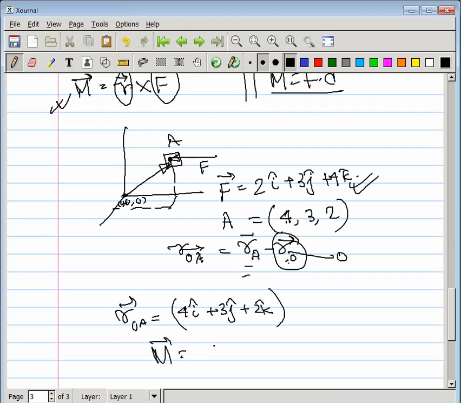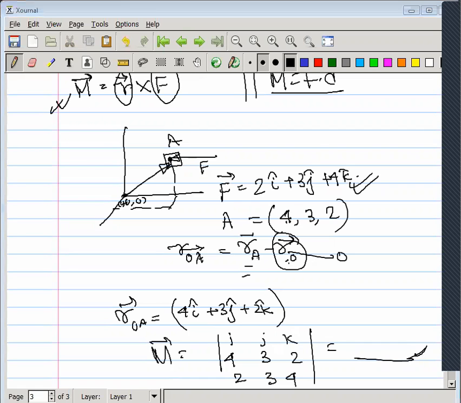Then to find the moment, you simply take the cross product: ijk, r is 4 3 2, and 2 3 4 is F. So r cross F. From here you get some ijk components, and that is the moment. Up to this, is it clear?